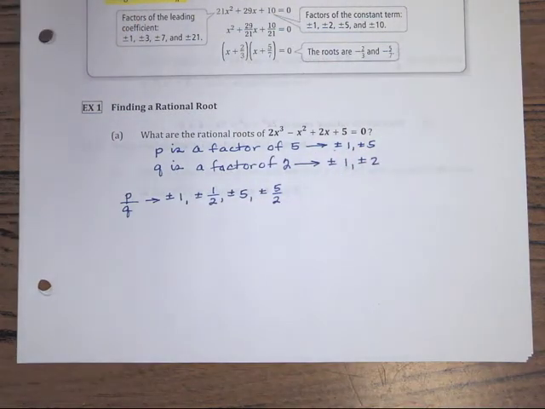So do you see how that's 8 options? That's all there are. So instead of the whole possible universe out there, we have 8. If this has rational roots, these are the only possible things it could be. So at this point, we have to figure out which ones they are.